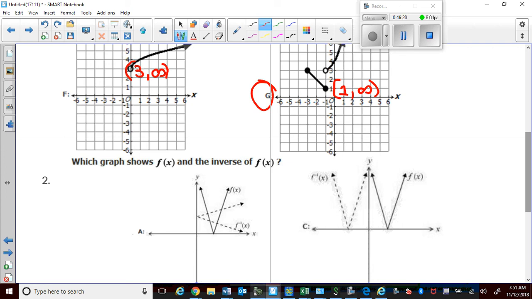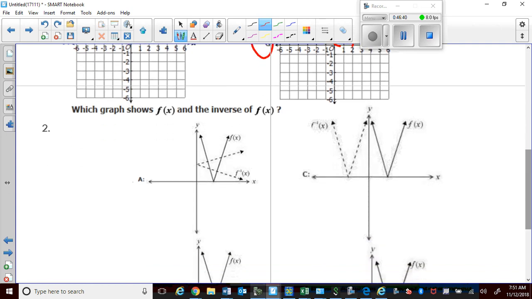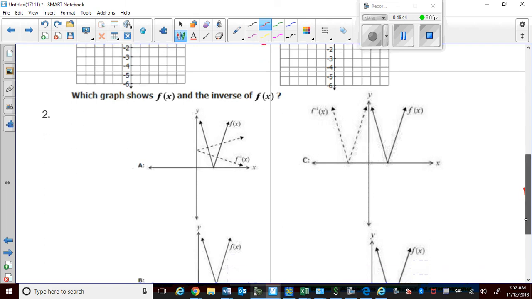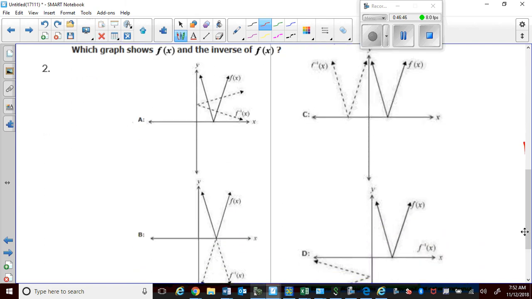Number 2, which graph shows f of x and the inverse of f of x? So, if you recall from the previous units on inverses, this is unit 1, lesson 5.